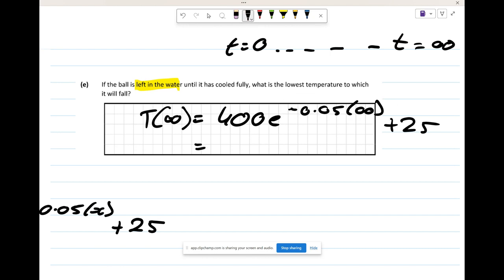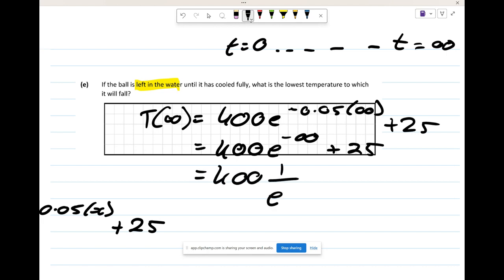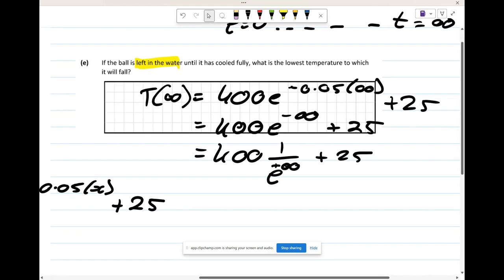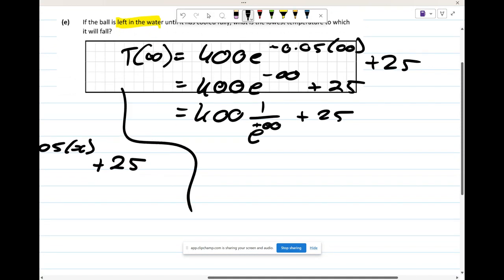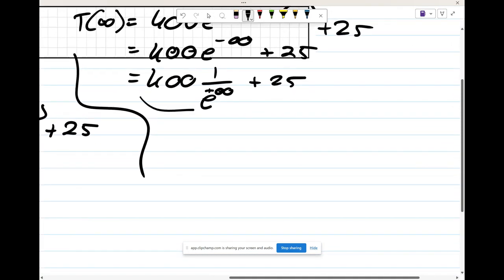If you multiply anything by infinity, it's still going to be infinity. And if you multiply infinity by a minus number, it's going to be minus infinity. So e to the minus infinity plus 25. We know anything to the minus number is just 1 over itself, to the same power, but this time it's plus. And now, if we think about it, this is where some people get stuck.